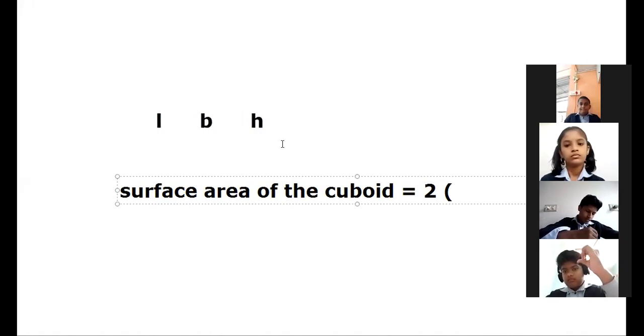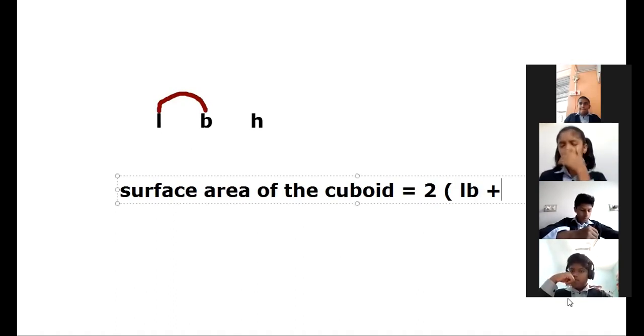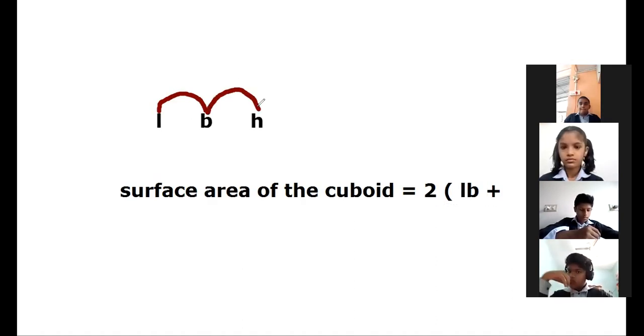Now, first, multiply L with B. L, B. After that, multiply B with H. Clear?